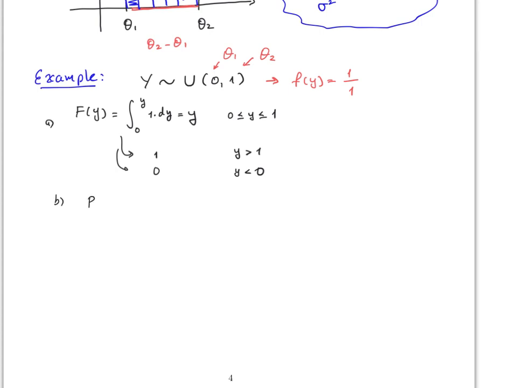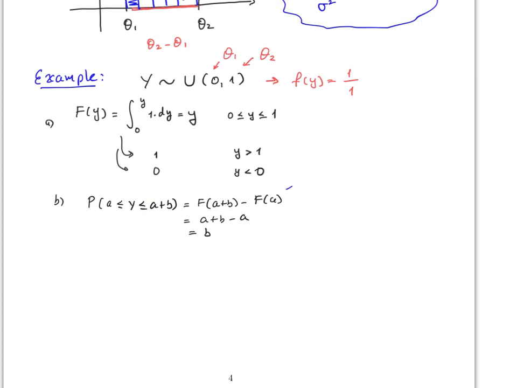Part B is asking you to find the probability that a is less than or equal to y less than or equal to a plus b. There are two ways to do this. You can just use the cumulative distribution function, which in that case will be F(a plus b) minus F(a). And notice that this is technically a plus b minus a, which gives you just b.